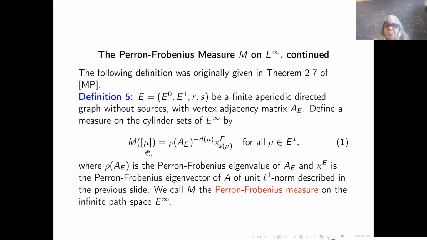If mu is a finite path and bracket mu is the corresponding cylinder set, then the Perron-Frobenius measure of mu is the Perron-Frobenius eigenvalue raised to the minus the length of mu, times x at the source of mu entry.